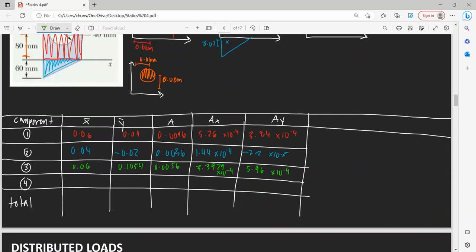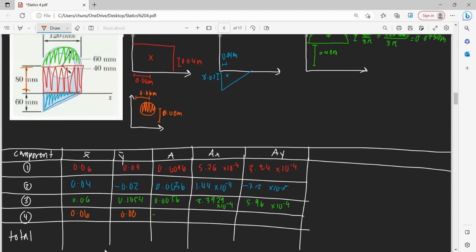And now for the hole, we need to find the negative area. So this is 0.06, 0.08. Our area is negative. So then that's our radius, 0.06 squared. Nope, this is different. 0.04 squared. It's the radius of our inner circle, times pi.